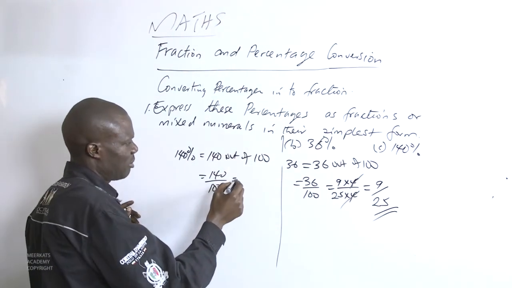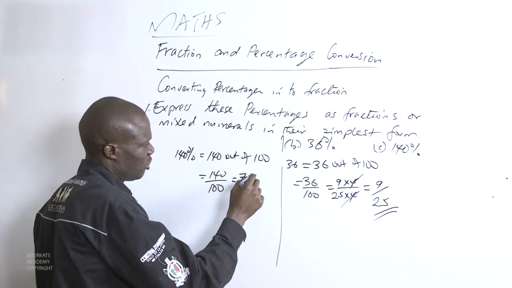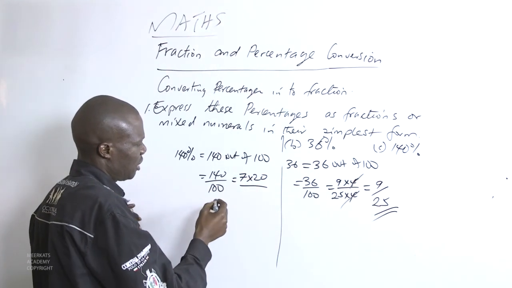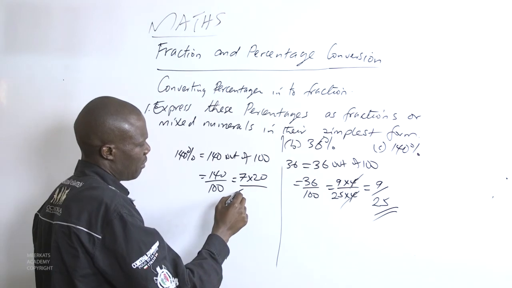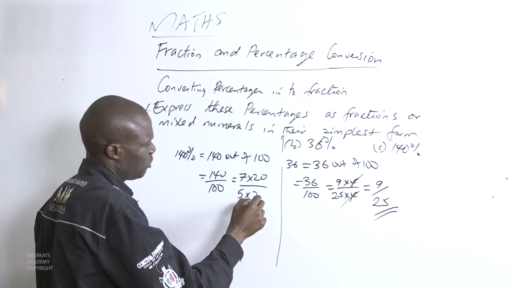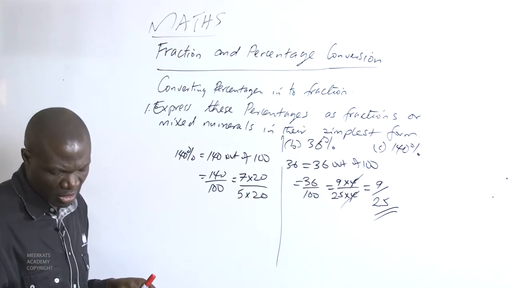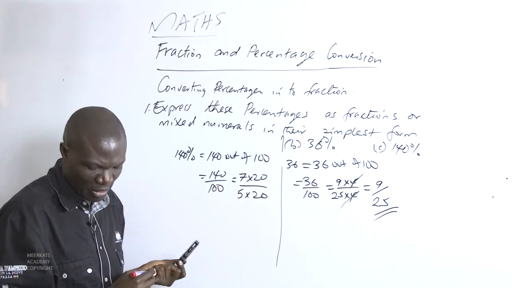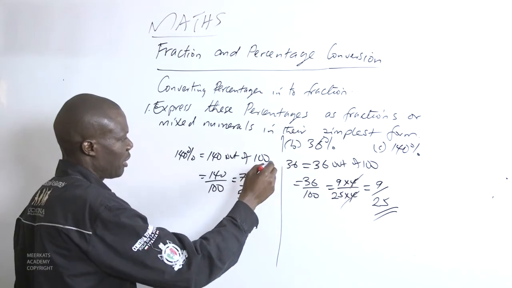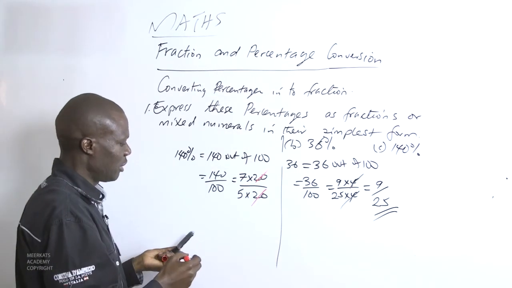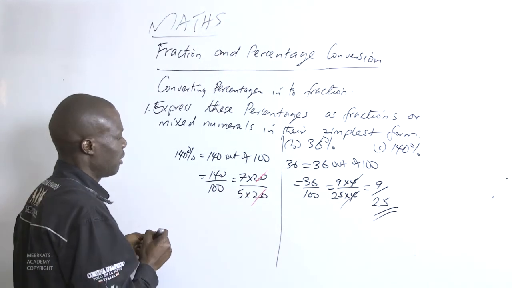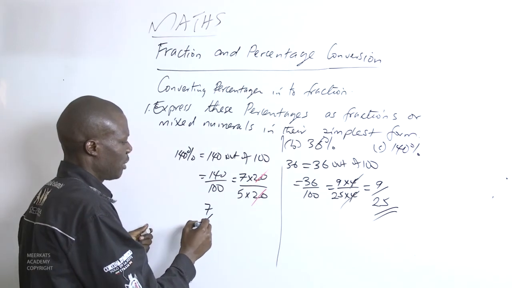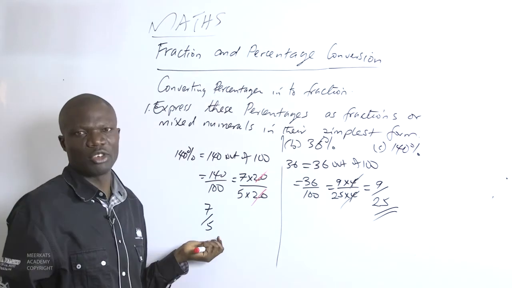You realize this is the same as 7 times 20, and down here is 5 times 20. So 20 is the highest common factor. I'll cancel out 20 so that I remain with 7 over 5. Actually, this is already the answer.